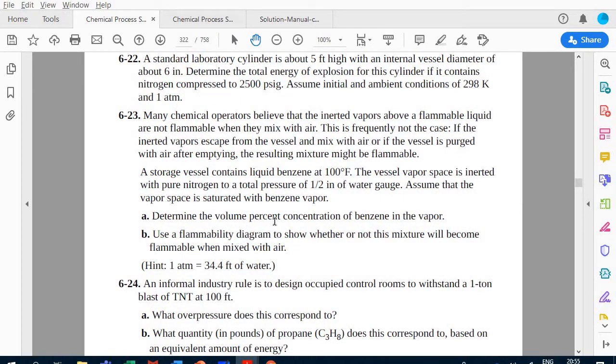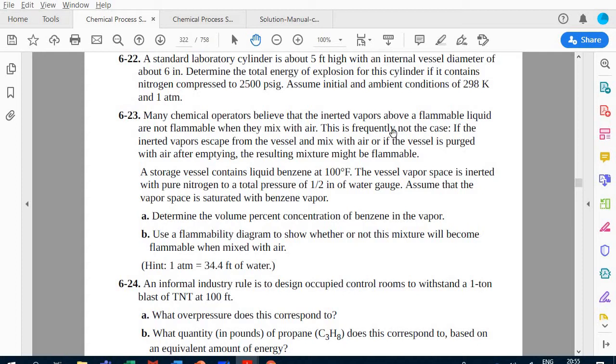If you go to 623, the question is talking about many chemical operators who believe that the inerted vapors above a flammable liquid are not flammable when they mix with air. This is not true, by the way. They will say that it's an inert vapor, so how could it make a flammable mix with air?